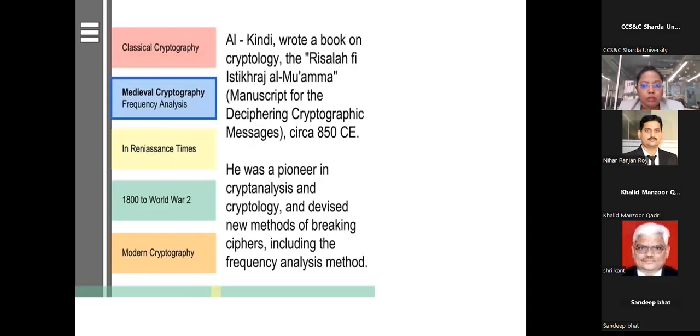In cryptography, there was a scholar deciphering cryptographic messages around the 9th century. He was a pioneer in cryptanalysis and cryptology and devised a new method of breaking ciphers, including the frequency analysis method. What is happening? In the two methods I have already discussed, each letter is always replaced by only one letter.